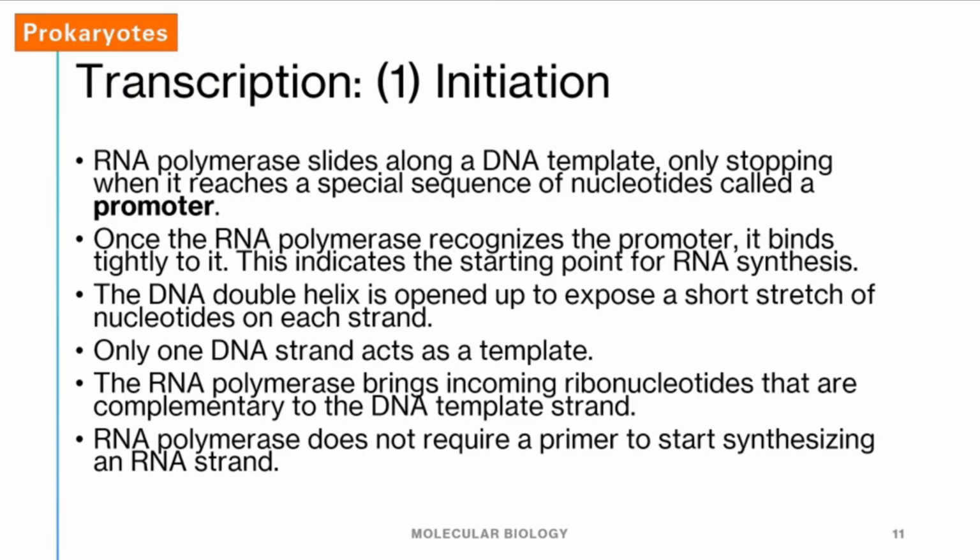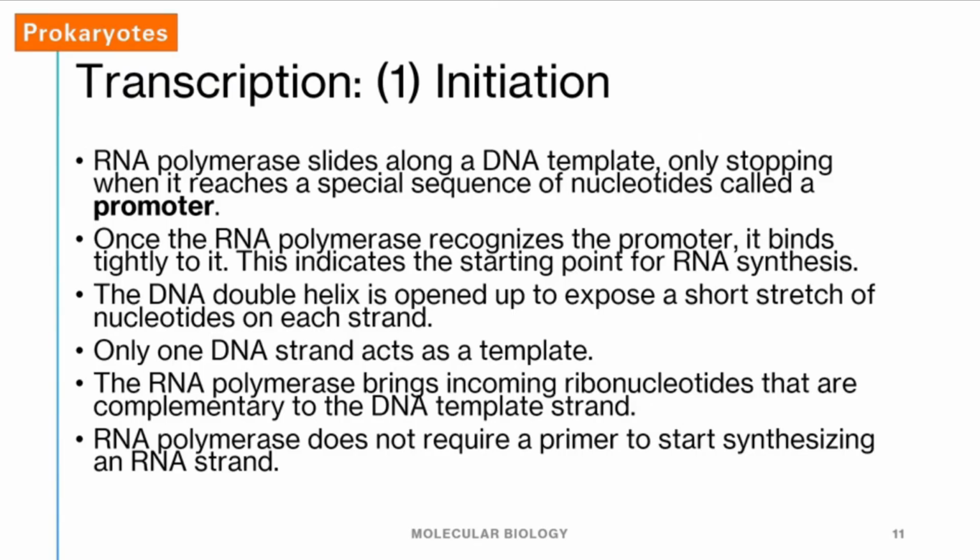After the RNA polymerase reaches the promoter region and recognizes it, it will bind to it and start the RNA synthesis. After the binding of the RNA polymerase, the DNA double helix will be opened up to form an open complex with the RNA polymerase, and that will expose a short stretch of nucleotides that can base pair with the new RNA that's going to be synthesized.